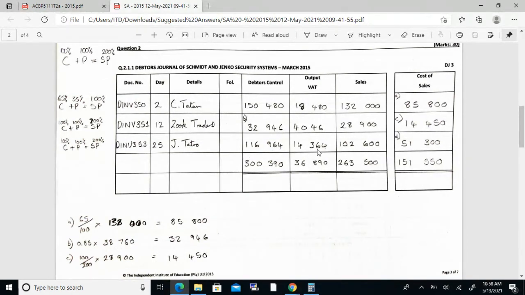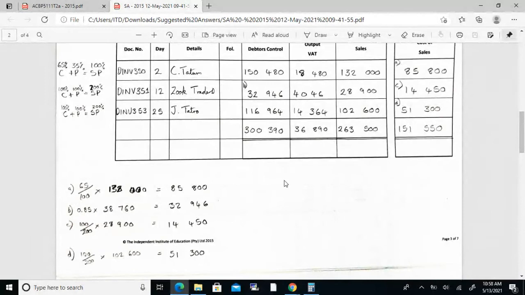Then we know our sales is 102,600. But we want to get the cost of sales. What we want is cost, which is 100. What we have is selling price, which is 200, times the 102,600 gives us the 51,300, and that's how we get that there. Makes sense? Awesome stuff, so that was the debtors journal.